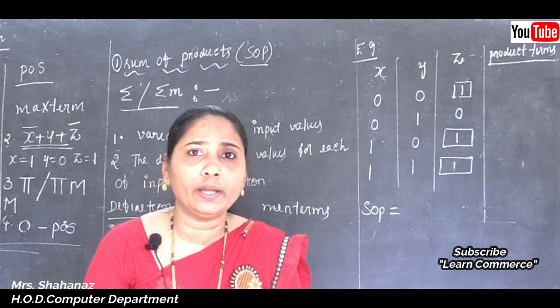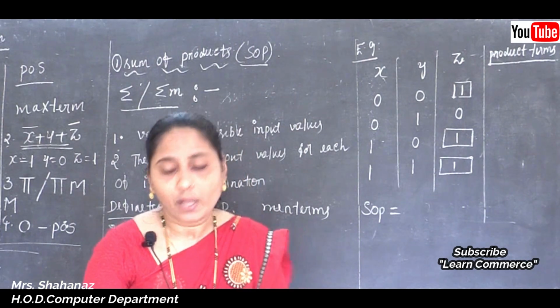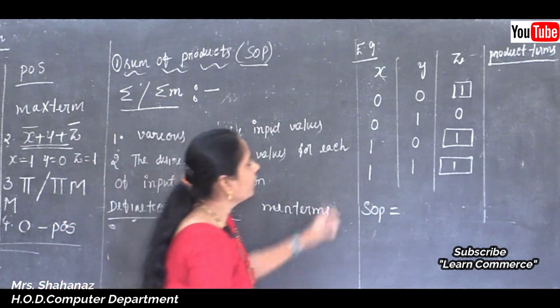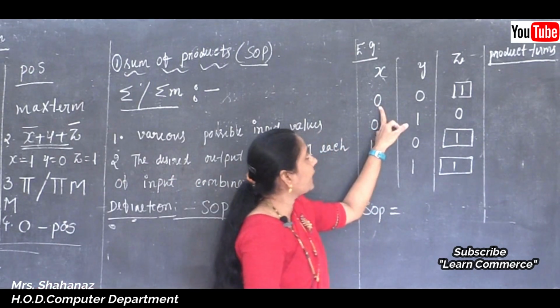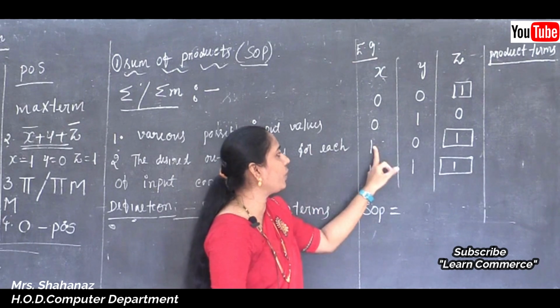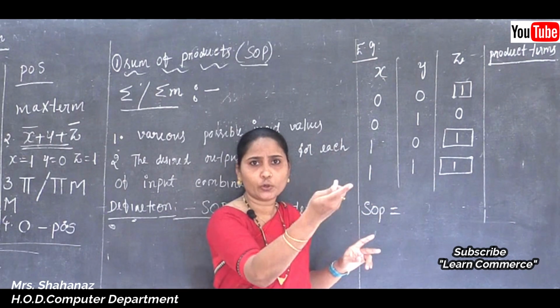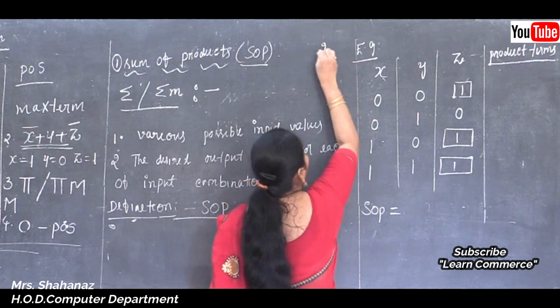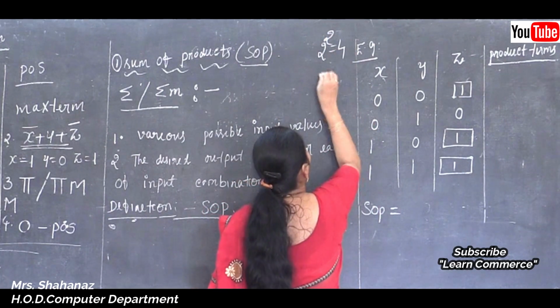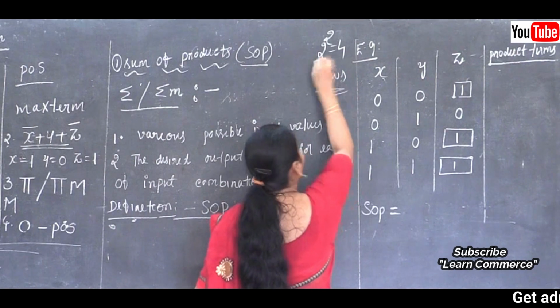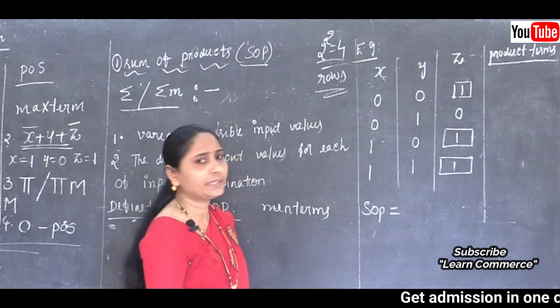The relation between input and output: the x values are 0, 0, 1, 1. We know that for two variables, 2 to the power of 2 equals 4 rows, and in our 4 rows, how are we going to take the values?